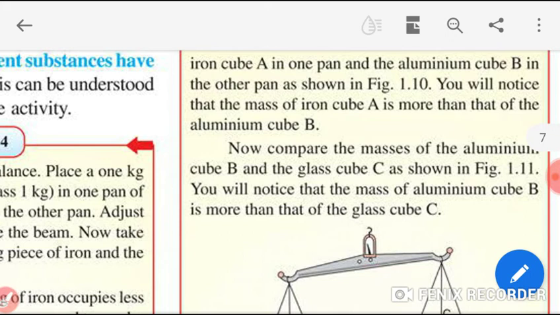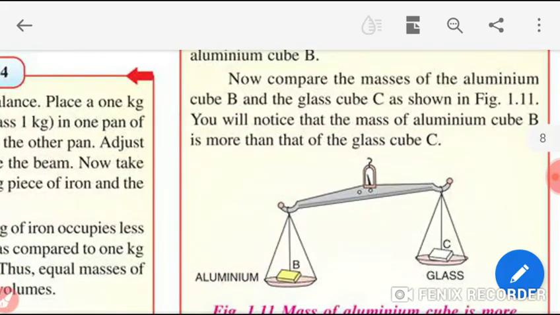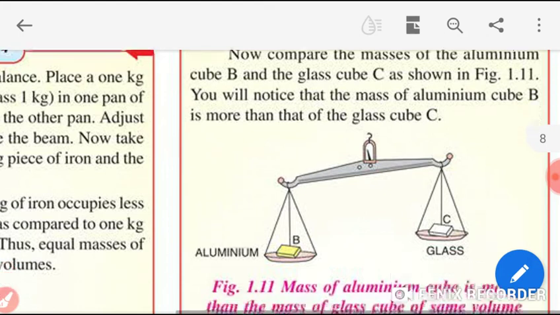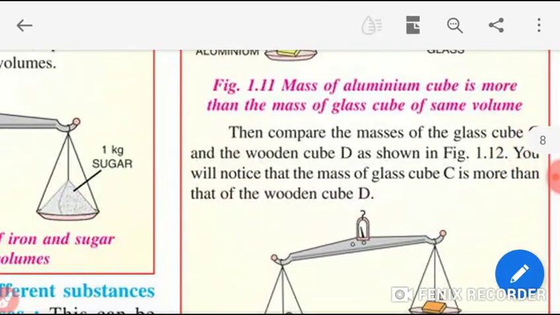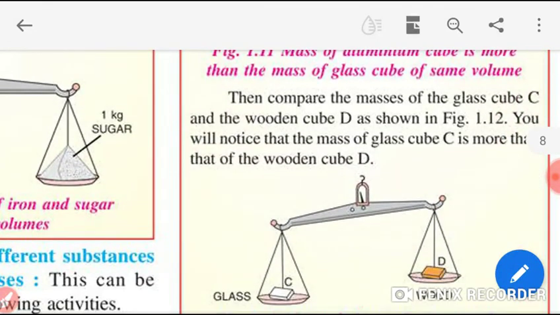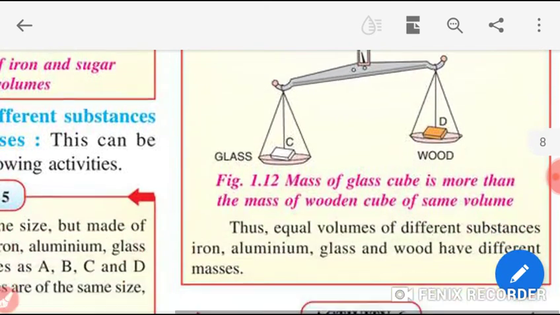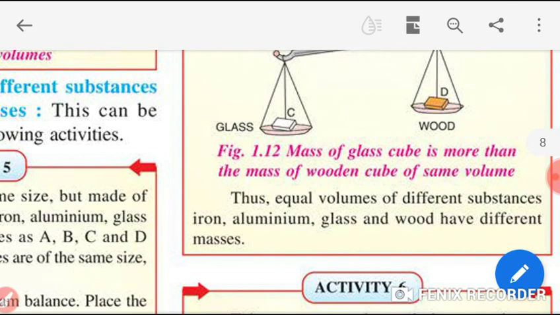You will notice that the mass of iron cube A is more than that of aluminium cube B. Now we have to compare the mass of aluminium cube B and glass cube C. You will notice that the mass of aluminium cube B is more than that of glass cube C. Now compare the masses of glass cube C and wooden cube D. You will notice that the mass of glass cube C is more than that of wooden cube D. That means equal volumes of different substances have different masses.